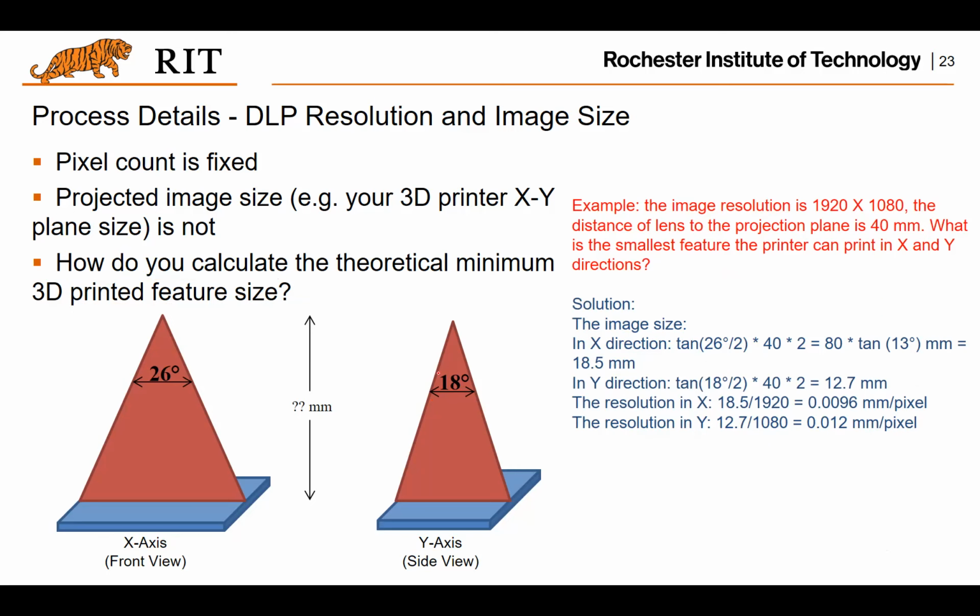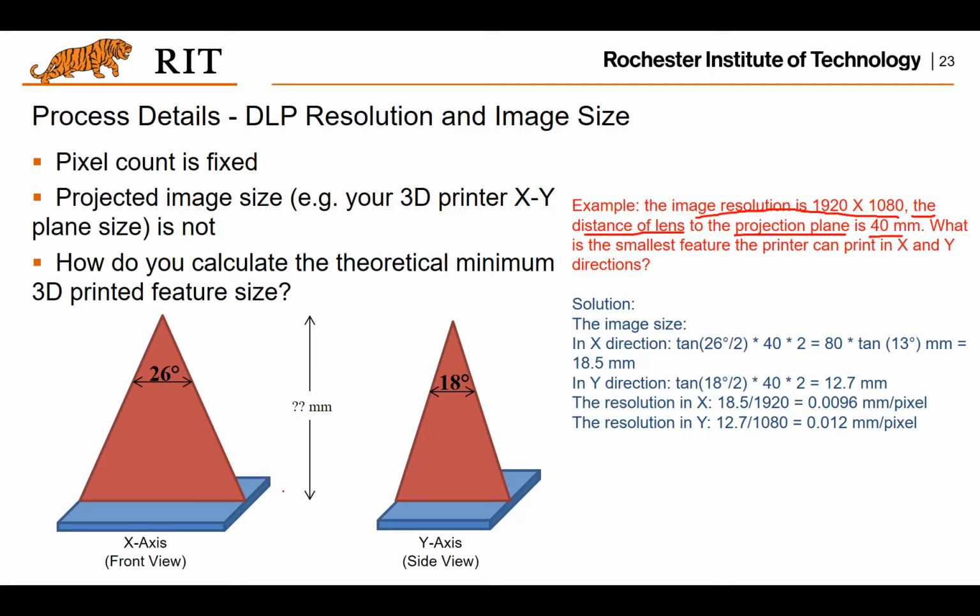For example, we have an image resolution of 1920 by 1080, and the distance of the lens to the projection plane is 40. What is the smallest feature the printer can print?